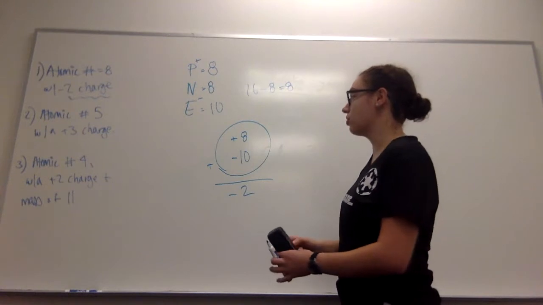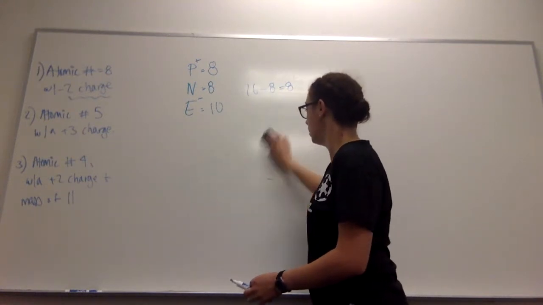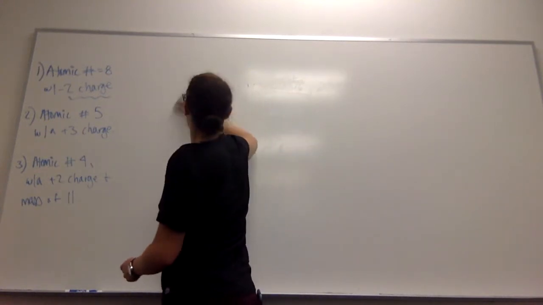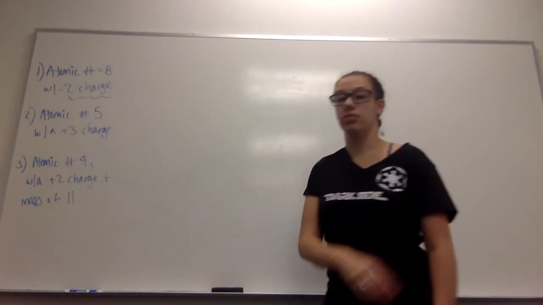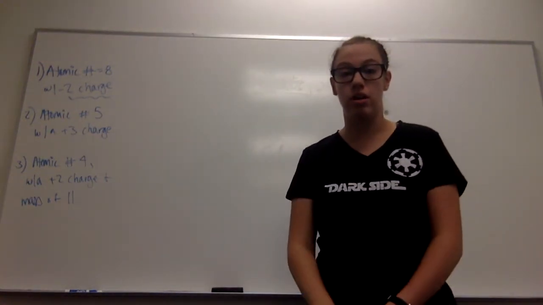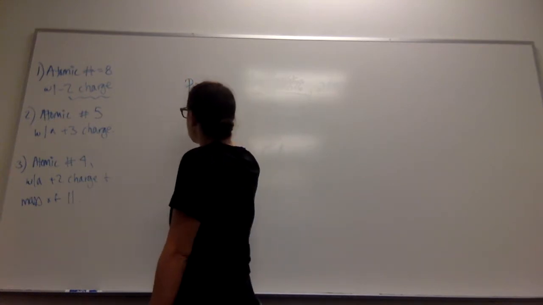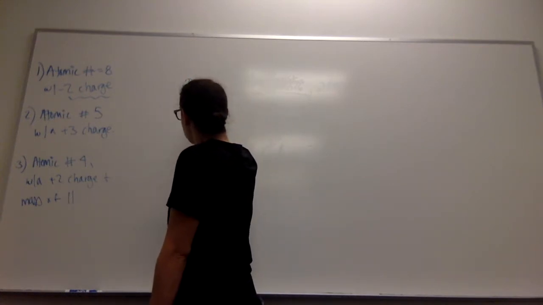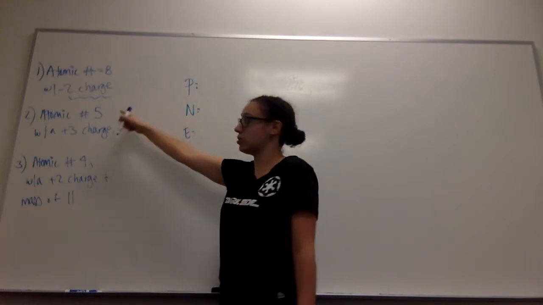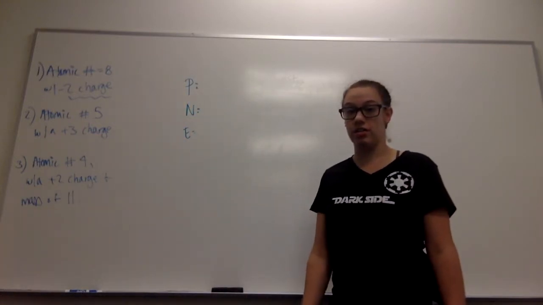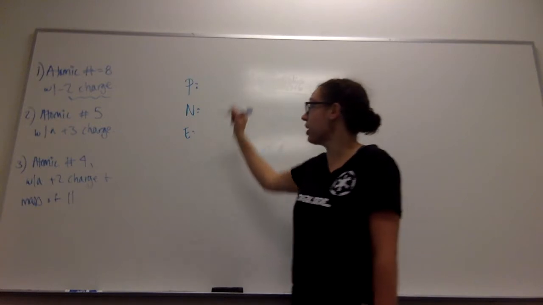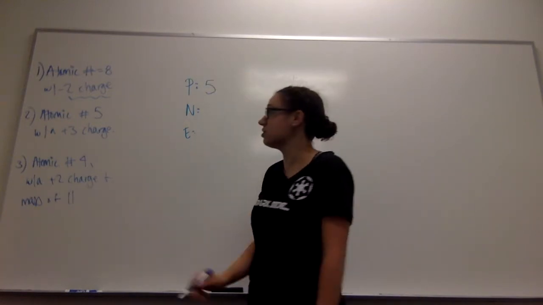Okay, we're going to do one more. Okay, so we have an atomic number of 5. So here, protons, neutrons, electrons. Our protons are the atomic number. So we have 5 protons.